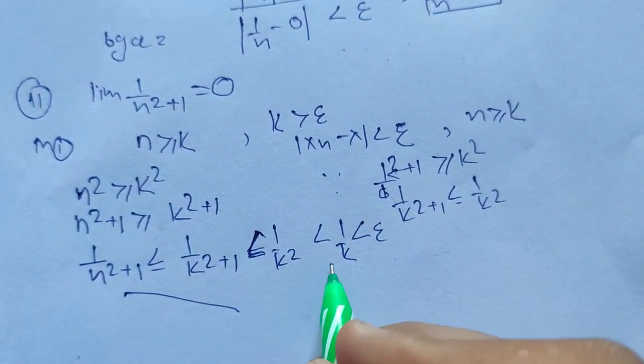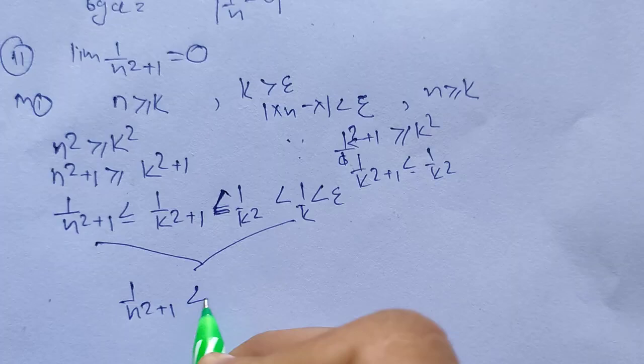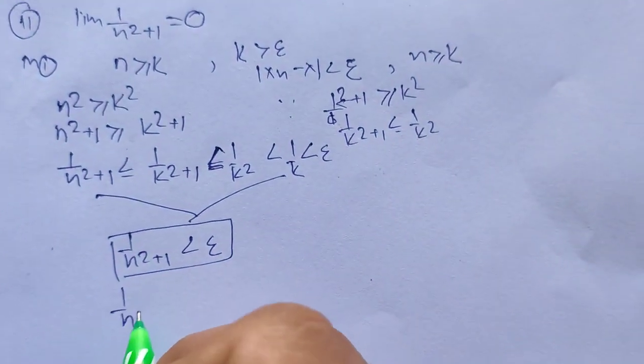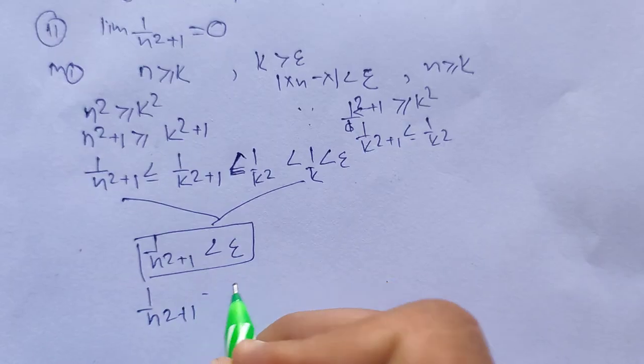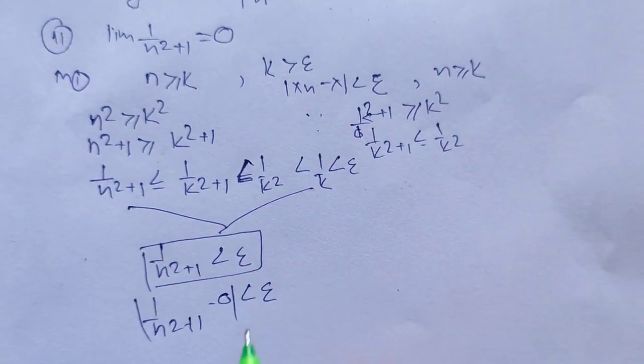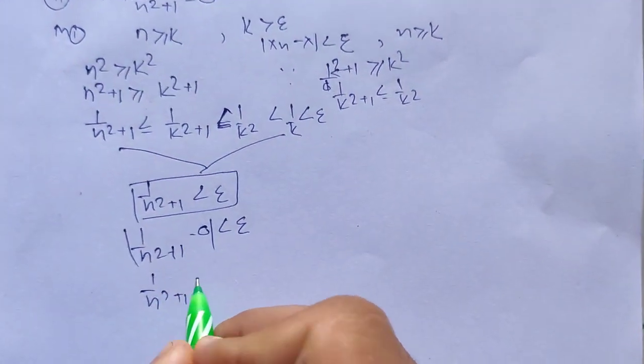So 1 upon n square plus 1 minus 0 is less than epsilon. Hence proved.